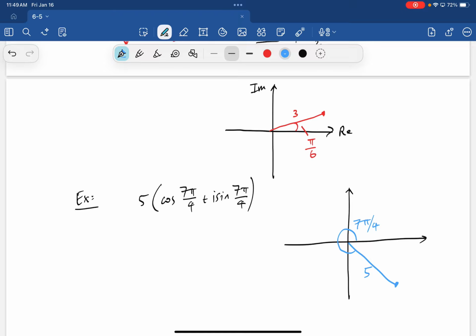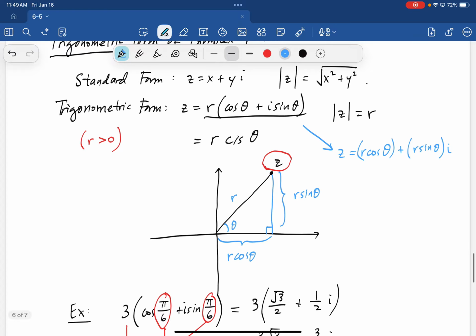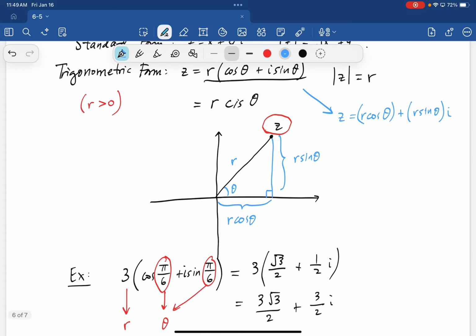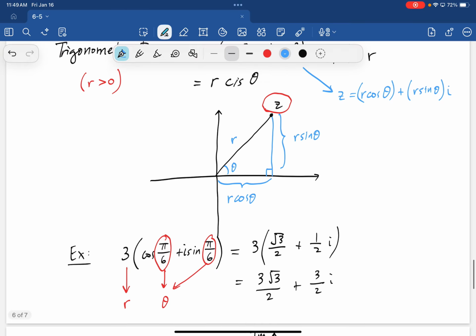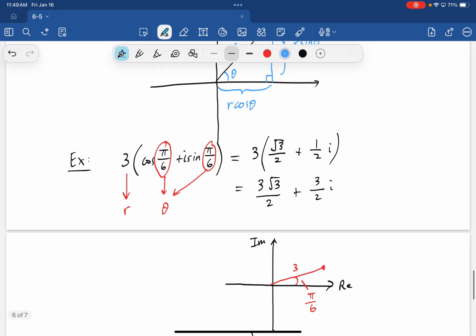Wait, I don't know how to do it. For the cosine pi, I don't get, is that like 1? -1.